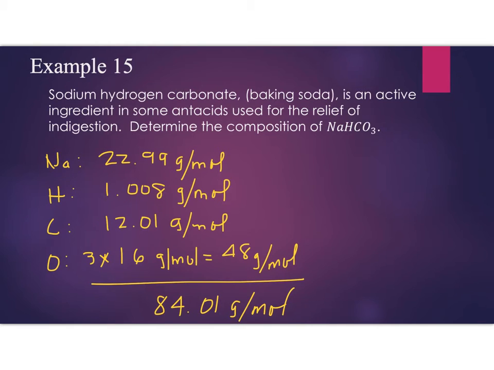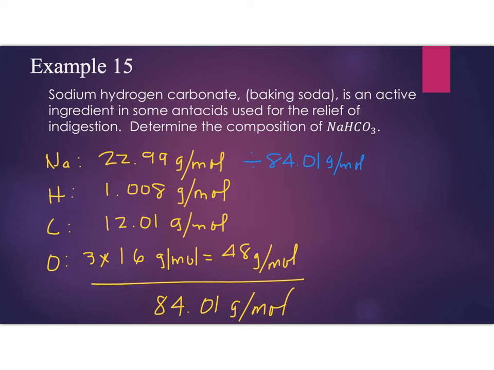Now, if you think about this mathematically, I essentially have all of my parts here, and this right here is my whole. So I can go ahead then and divide all these individual masses, which are my parts, by the whole to calculate their percentage. So now what I'm going to do is divide each of these numbers by the 84.01, and that would be grams per mole. So my units will cancel out.